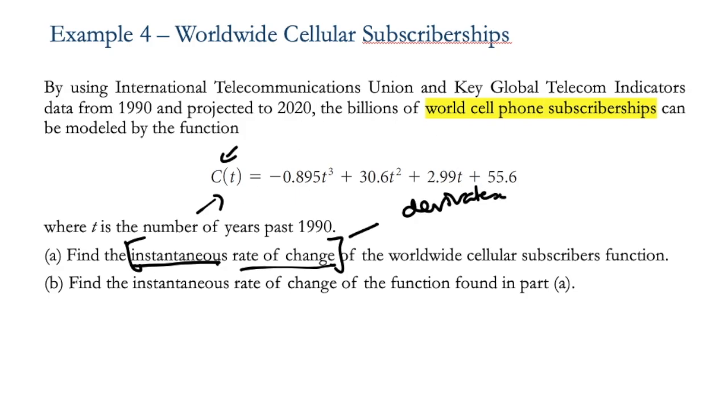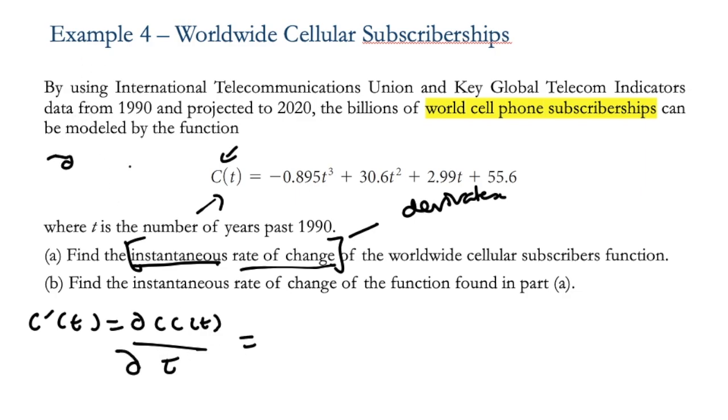So how do you find it? You need to do C prime of t, which can also be written as delta C of t over delta t. I write it properly because some students would imitate my drawing differently. It's not like this, it is delta.